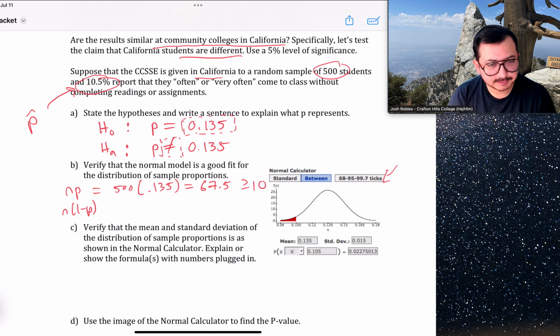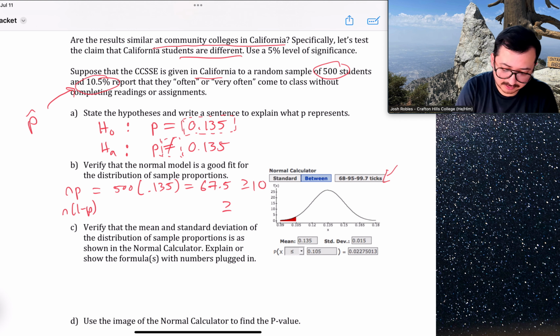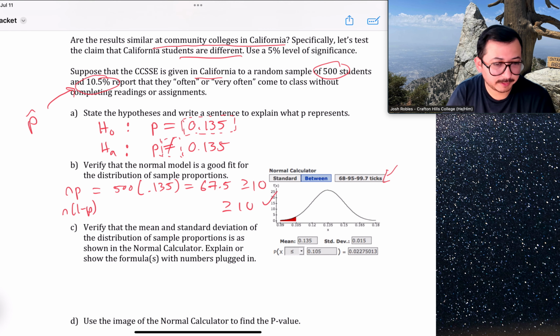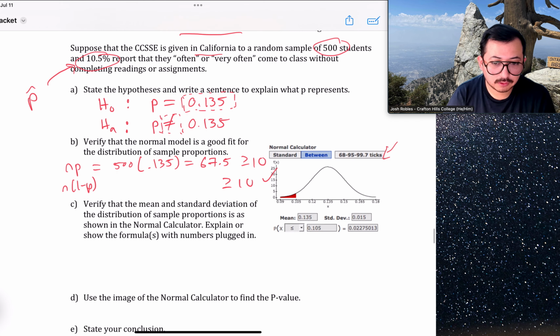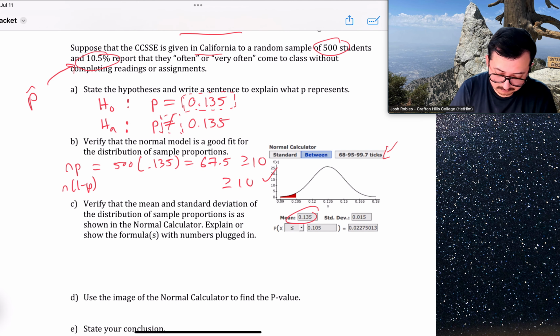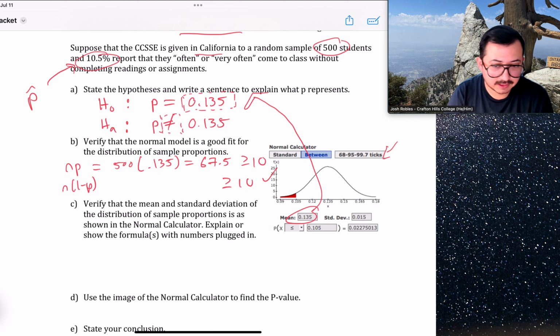I'm going to be lazy but smart here. 1 minus p, if p is only 13.5%, 1 minus that's going to be much larger. So this other one is going to be much larger than 10. So we'll be good on the other one. We don't really need to calculate it. Okay, so the mean, p, agrees with our setup.